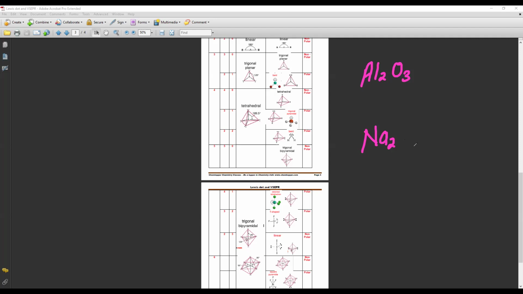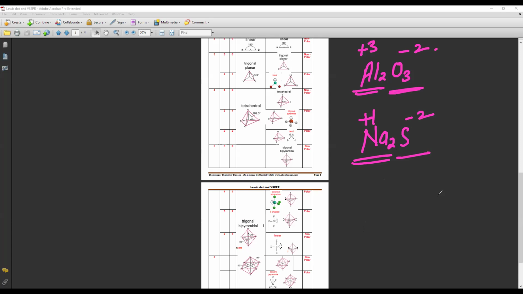But something which we can compare easily. What's the charge on aluminum here? +3. What's the charge on oxygen here? -2. What's the charge on sodium here? +1. Sulfur, -2. You can decide straight away from the charges.